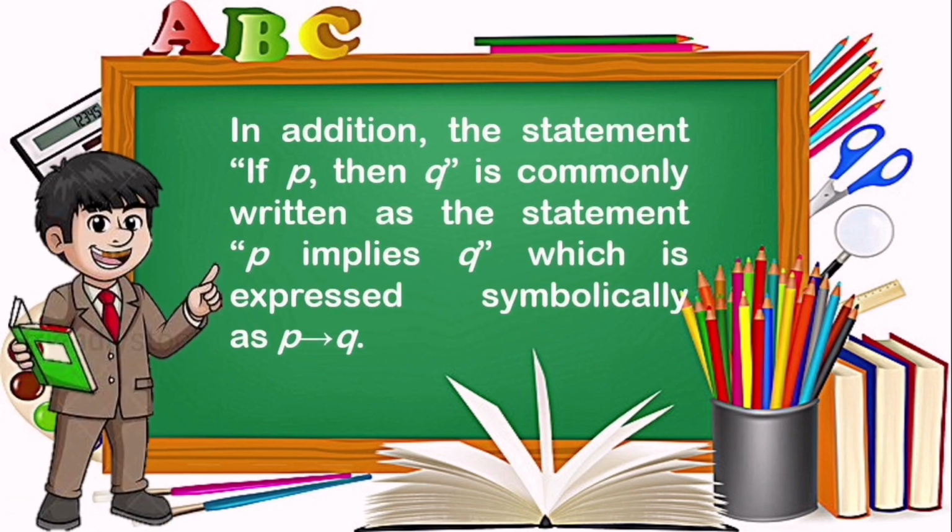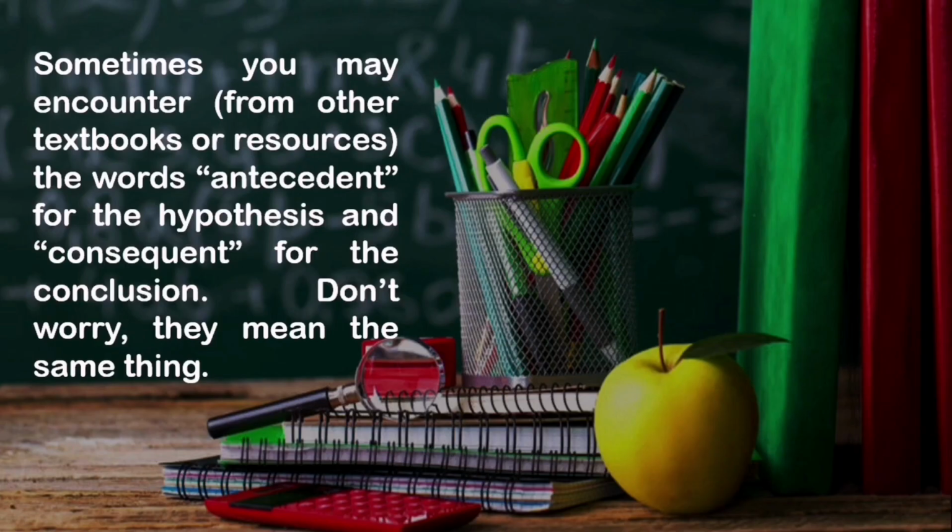In addition, the statement if P, then Q is commonly written as the statement P implies Q, which is expressed symbolically as P implies Q. Sometimes you may encounter from other textbooks or resources the words antecedent for the hypothesis and consequent for the conclusion. Don't worry, they mean the same thing.